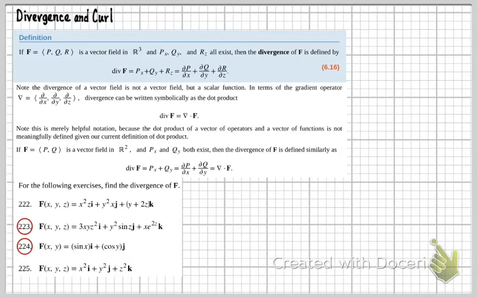So let's take a look at number 223. It says, for the following exercises, find the divergence of F. Here's my P, here's my Q, and here's my R. So I have to do P_x, which is going to be 3yz squared. I'll write div F first.